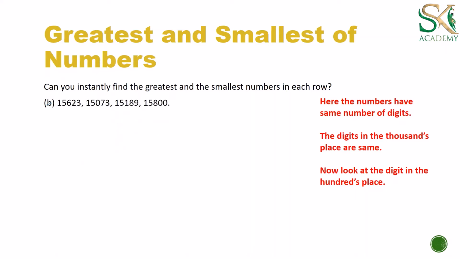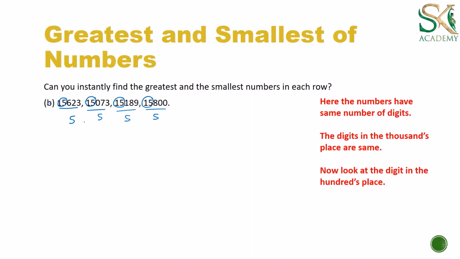Now see here, again 5 digits, this is also 5 digits, this is also 5 digits, and this is also 5 digits. Now what you need to do is take out the common ones. 15 is common in this, 15 is common again in this, again 15 is also common here.